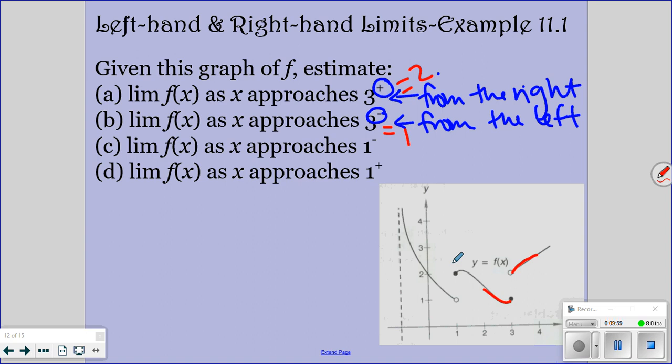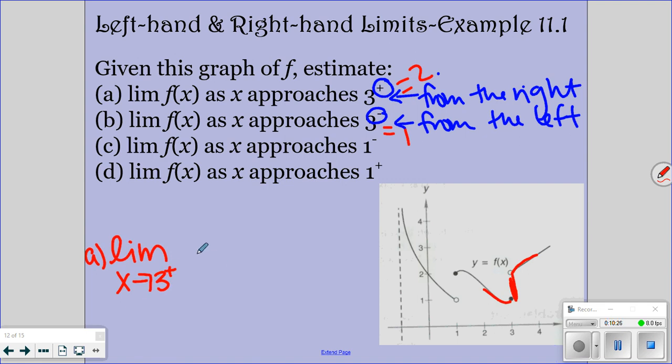Do you notice how the left and the right hand are two different values? Because there's a big jump here, and that's okay. I'm going to go ahead and show you what the notation looks like. So this would be A if you wrote it in math format.